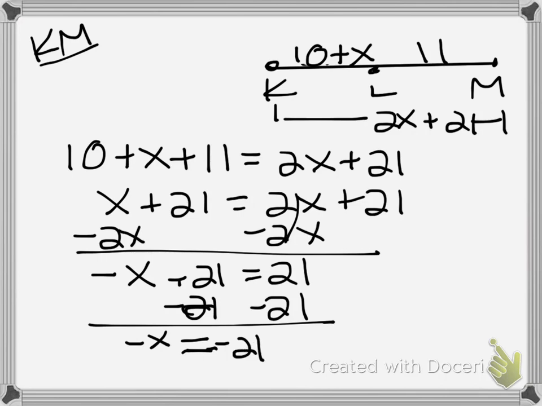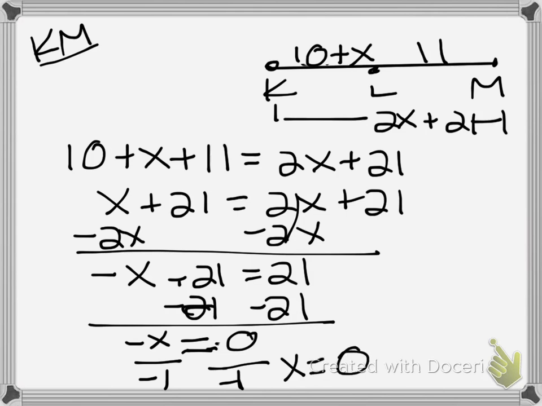Since we have a negative x, we need to divide by negative 1. I'm sorry, I screwed that up. Let me go back. 21 minus 21, that should give me 0. So we're going to divide by negative 1 and we get x equals 0.